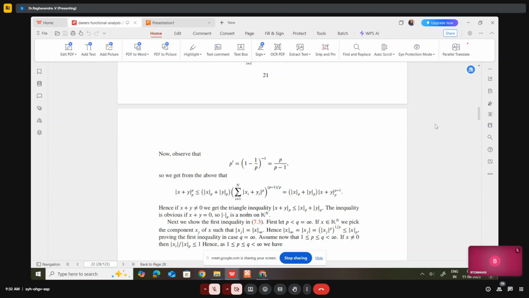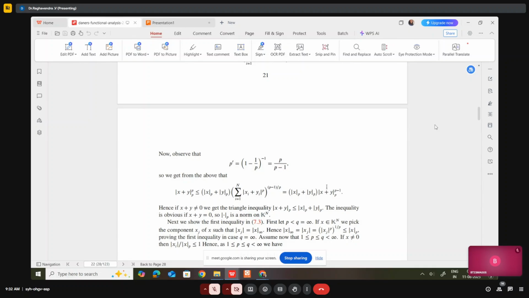To raise it to 1 over p, what you will get is p minus 1 over p. That's exactly what we are using here, instead of p prime. So it's a simple calculation here. If you use p prime equal to p over p minus 1, this is what you have.